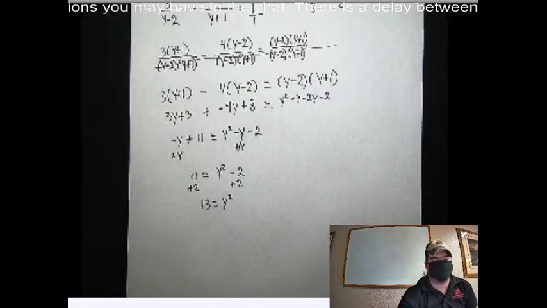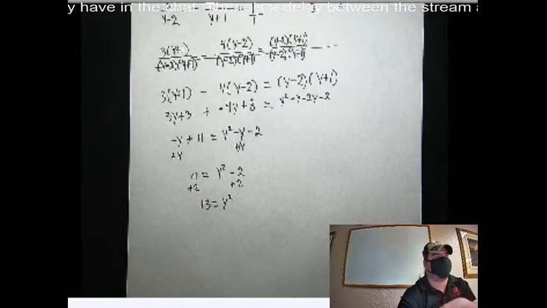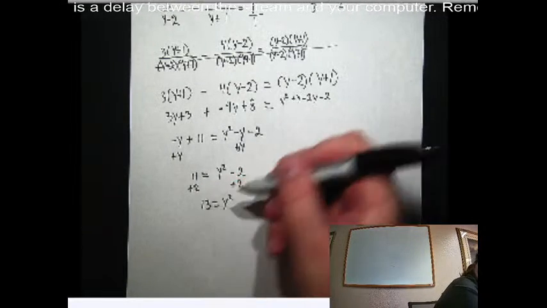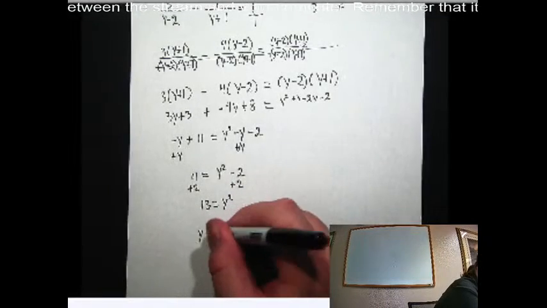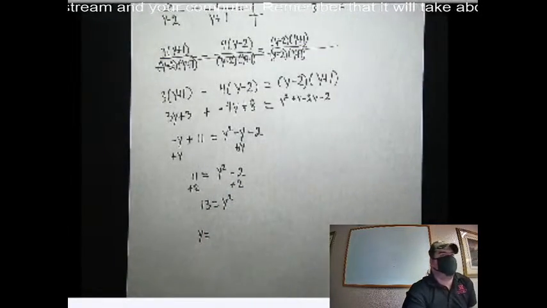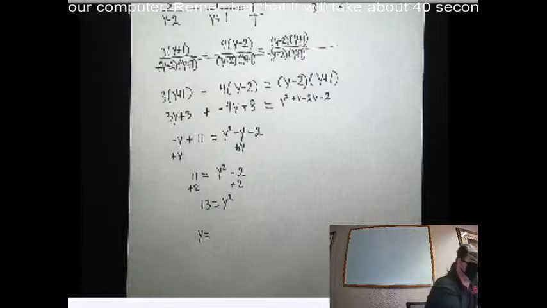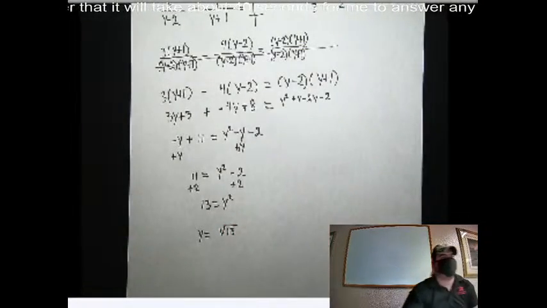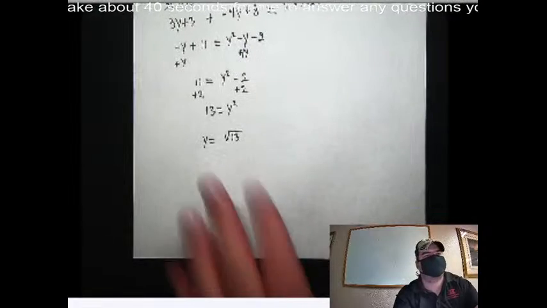Well, how do we get y by itself? How do we get that square off of y? Square root. So take the square root of both sides, and that means that we have y equals square root of 13. But that's not our entire answer.